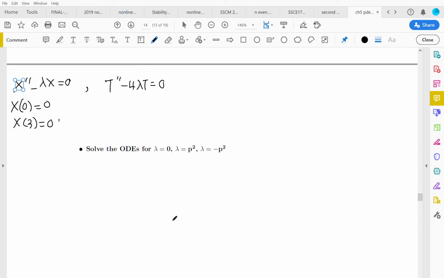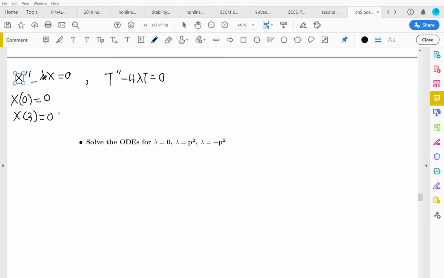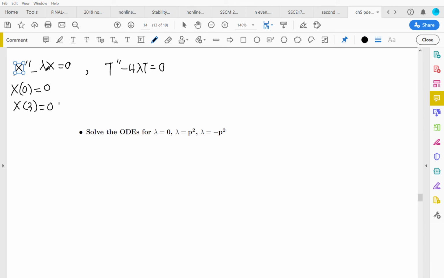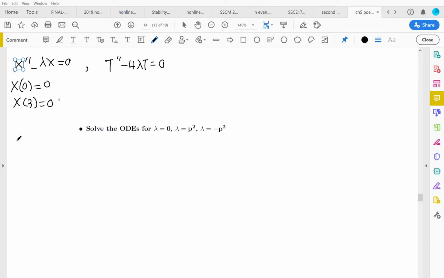I think it will be the same as in the previous example. So if lambda equal to 0, we get x double prime equals 0. For the full explanation, you can go back to the previous example. It's the same actually, because I chose the boundary condition the same. So we have x equal to ax plus b.